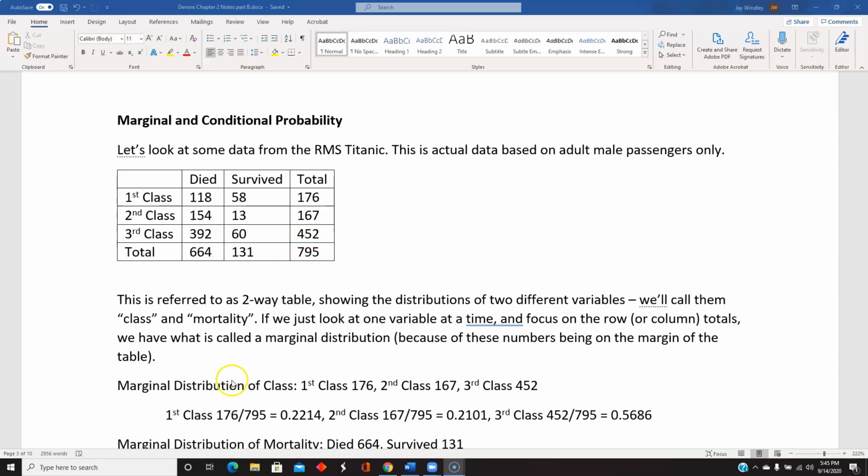Or you can look at that distribution in terms of proportion, which is better for our chapter on probability. So in first class, there's 176 out of 795, which is 22%. And in second class, there's 167 out of 795, which is 21%, and so on. So that's the marginal distribution of class, looking at the numbers in this margin here.